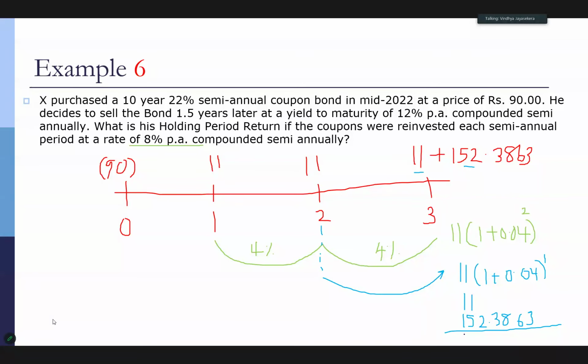186.7241. Is that correct? If somebody could verify. And at the beginning of the period, your cash flow is 90. Can you calculate your non-annualized holding period return and your annualized holding period return? Can somebody verify 186.7241?